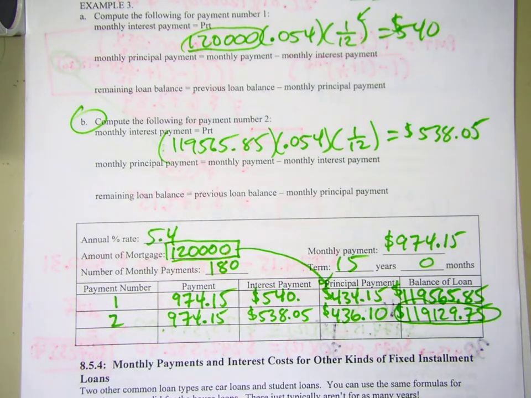I'm very confused how you're running this. We're just taking, so we started with 120,000. We figured out this is how much the principal's going to go down by. So we just subtracted, and we got that. Then that value gets used all over again to find the new amount of interest paid, which was that. So we start with this, and then that gets down to that, minus this, to get that.